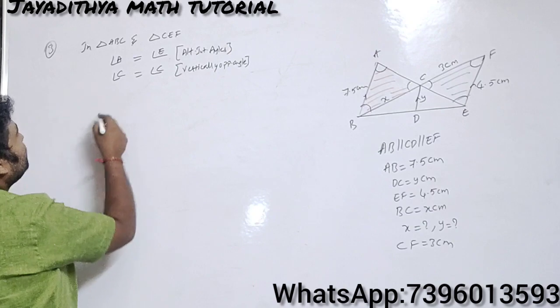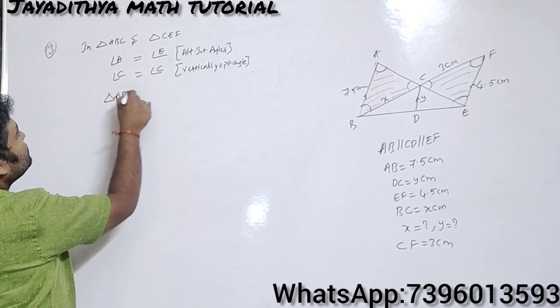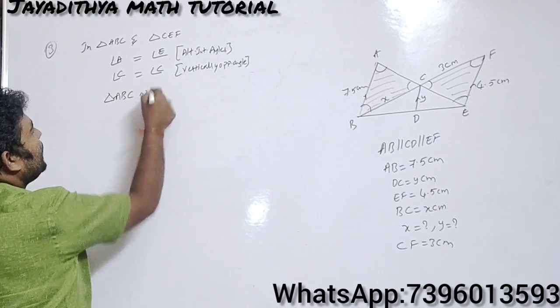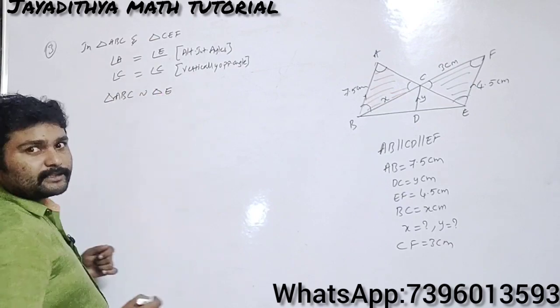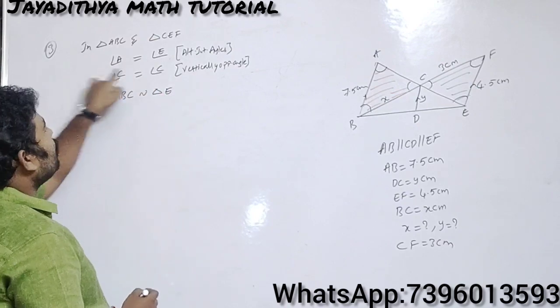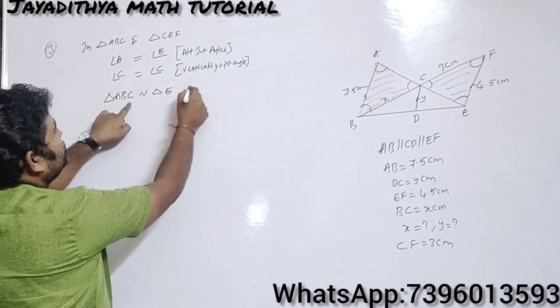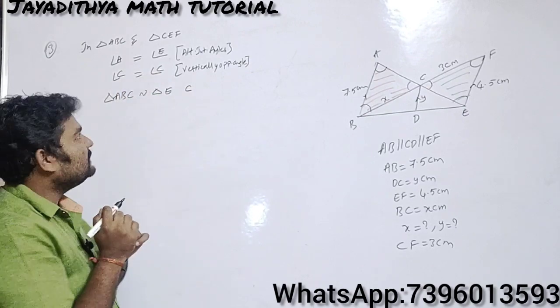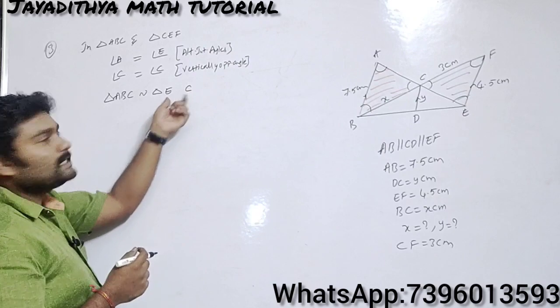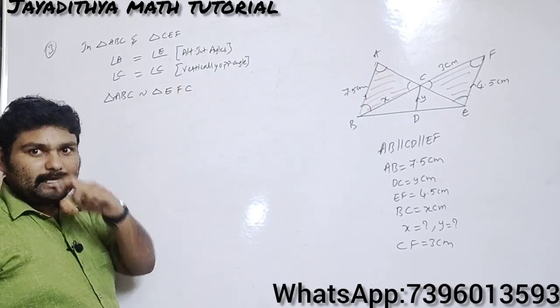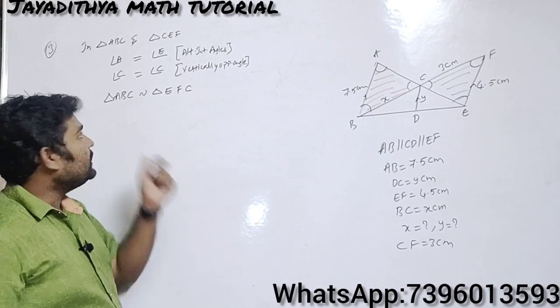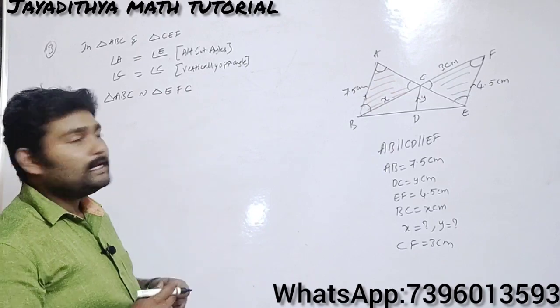So you can write triangle ABC is similar to triangle, in place of A you should write E first. Then in place of C you should mention C, because in both the cases angle C is equal. What is the leftover vertex here? That is F. So triangle ABC is similar to triangle EFC.